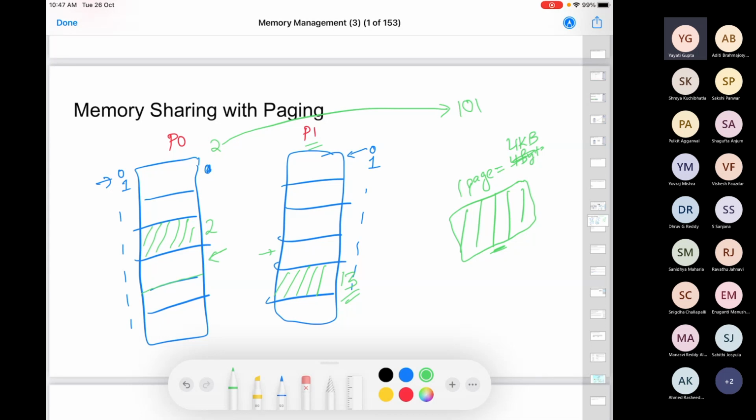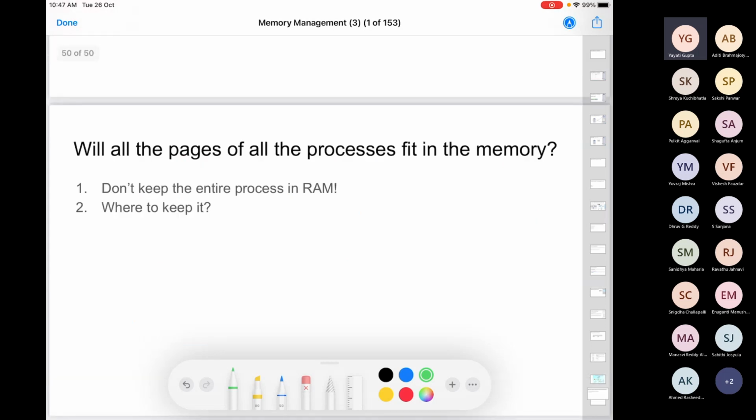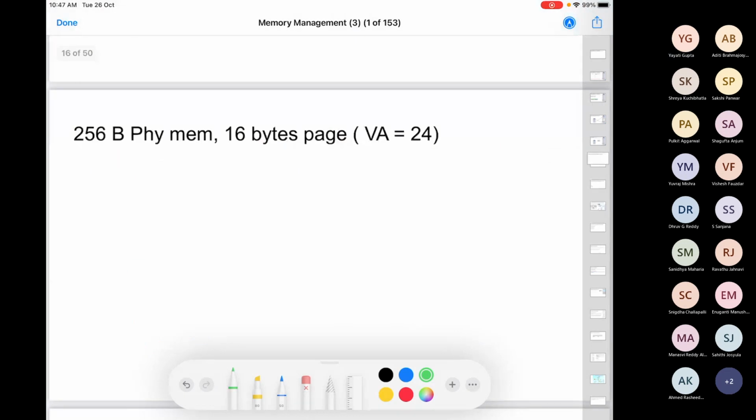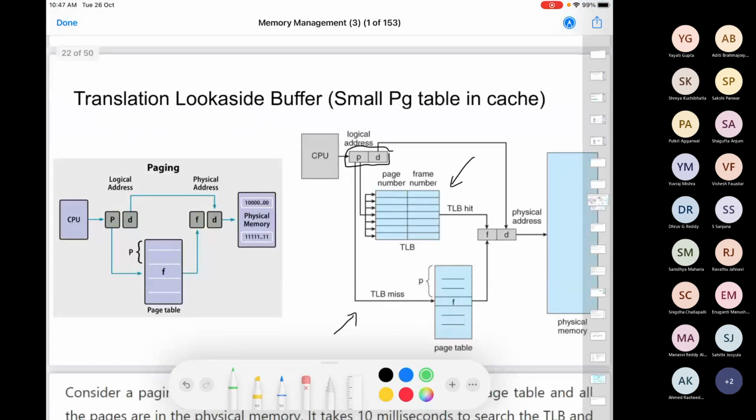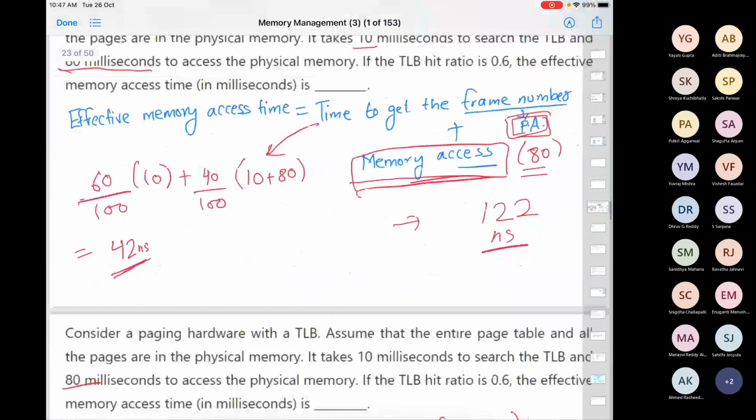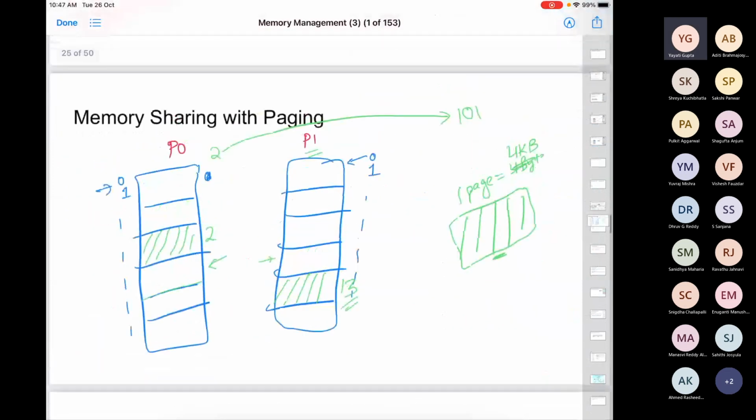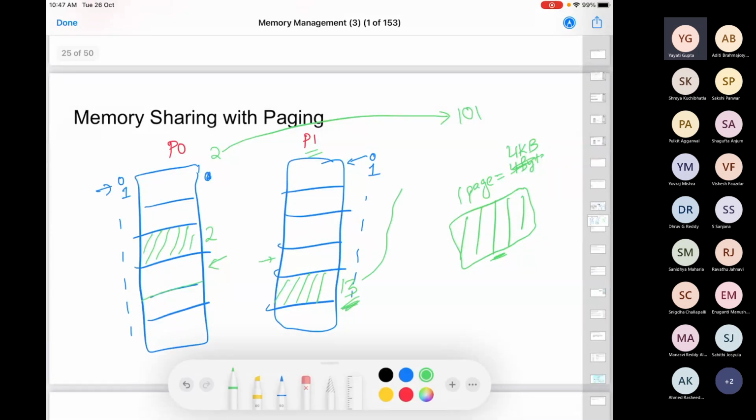For this particular process, this page is present at, sorry, not virtual address 13, the page number 13. So page number 13 for the second process can also be mapped to your physical frame 101, right?